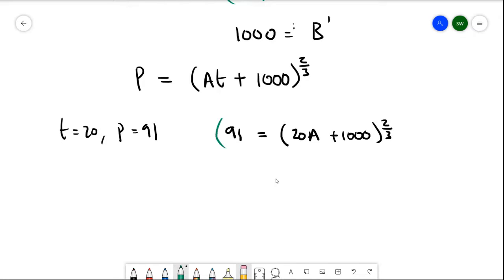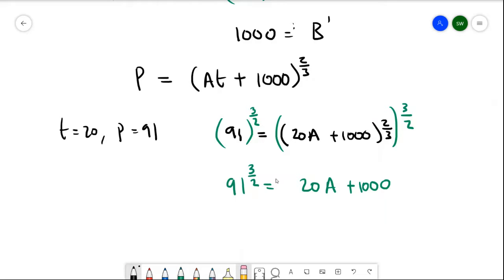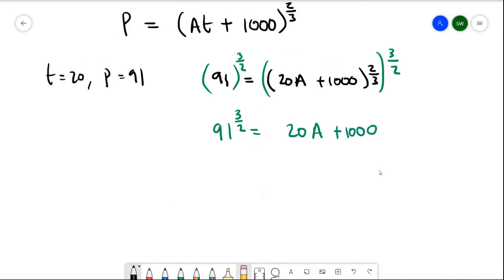Again, I'm going to raise both sides to the power of 3/2, because that will mean I have 20a plus 1000 to the power of 1 on the right-hand side. I'm going to have to do the same on the left-hand side to keep it balanced, so I'll have 91 to the power of 3/2. Then we can rearrange this to make a the subject. So a is equal to (91 to the power of 3/2 minus 1000) divided by 20.